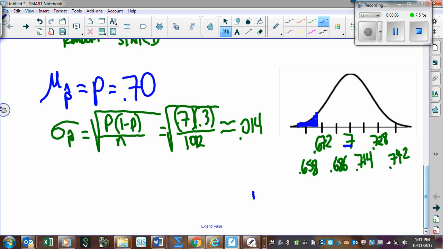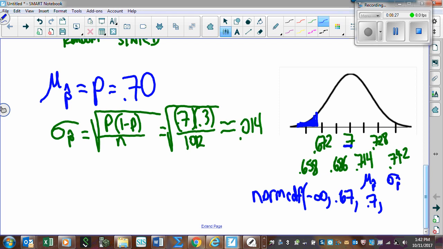And so this would be norm CDF. So we shade, we start at negative infinity, we stop at 0.67, and we have a mean 0.7, mu of p hat is 0.7, and our sigma of p hat of 0.014.